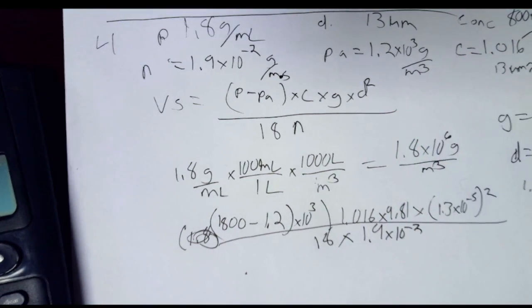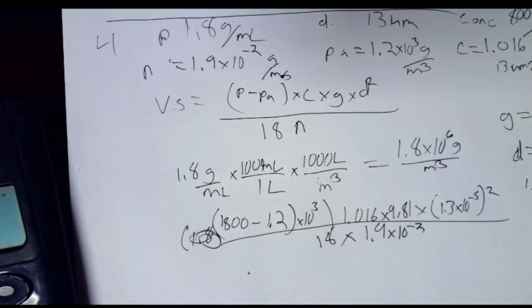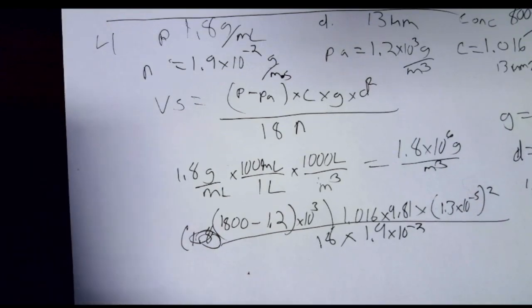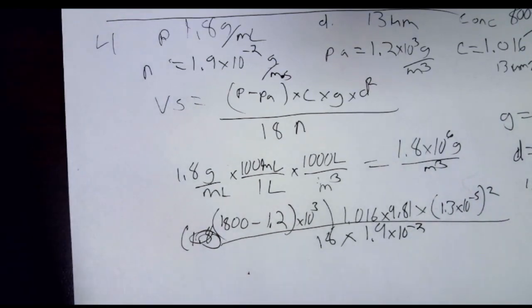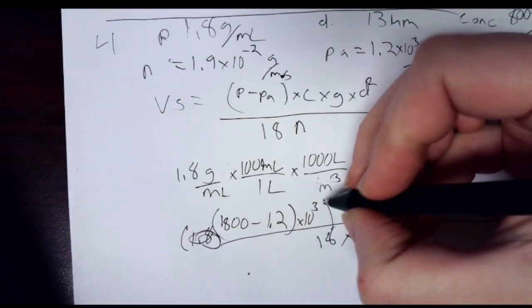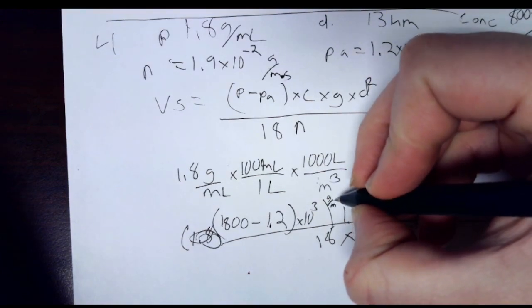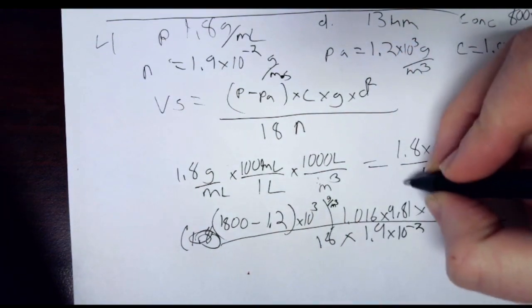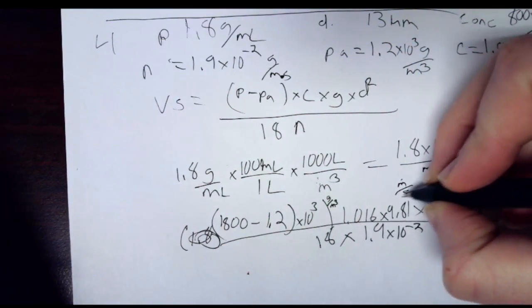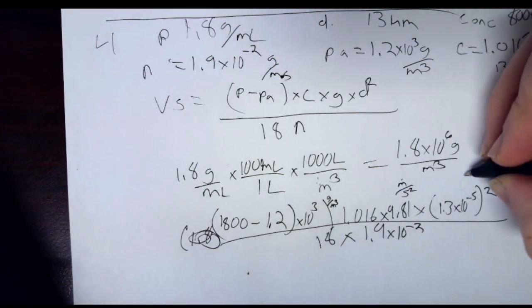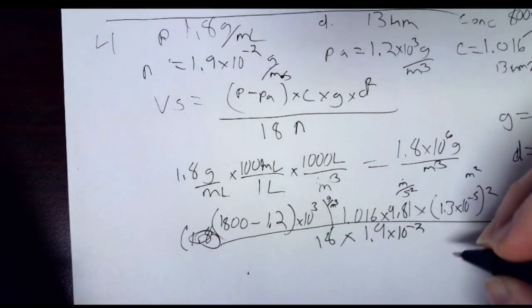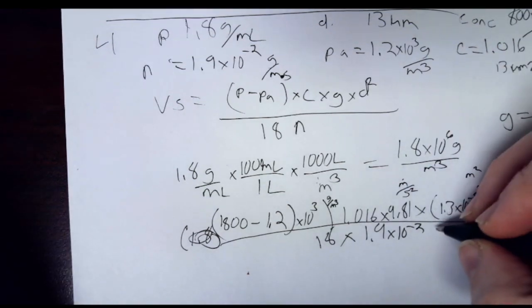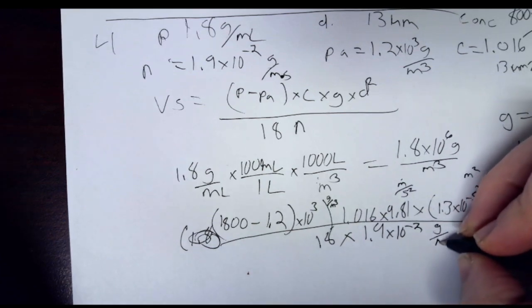So this should get me in units of, so let's see, this is grams per meter cubed, C is unitless, this is meters per second squared, this would be meters squared, and this is units of grams per meter second.